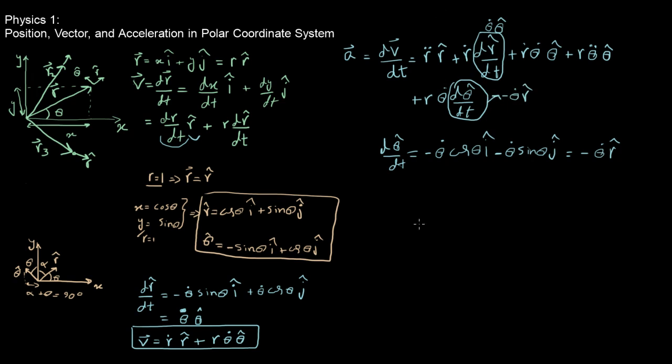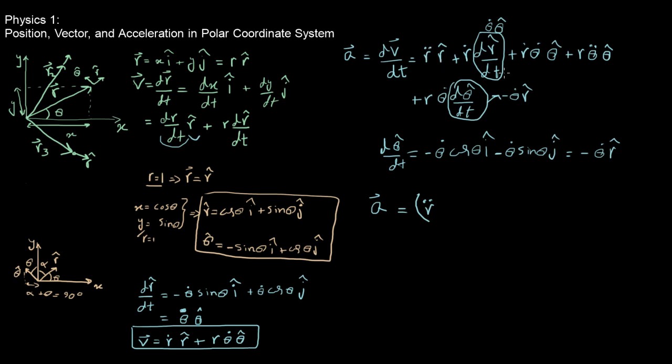Now let's put everything together. a is equal to r double dot. I'm going to put all the coefficients of r hat in one single place.